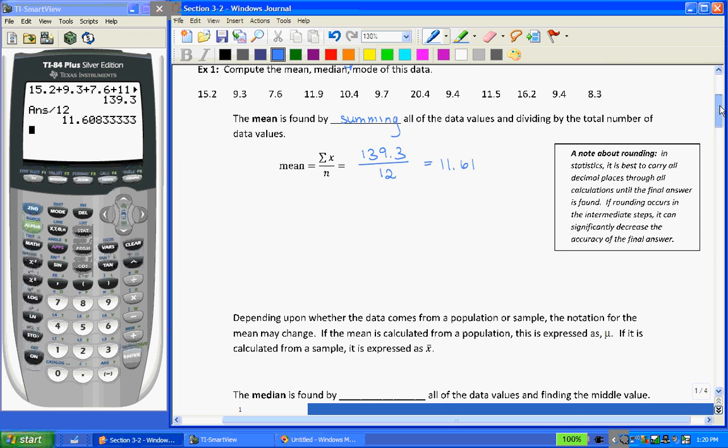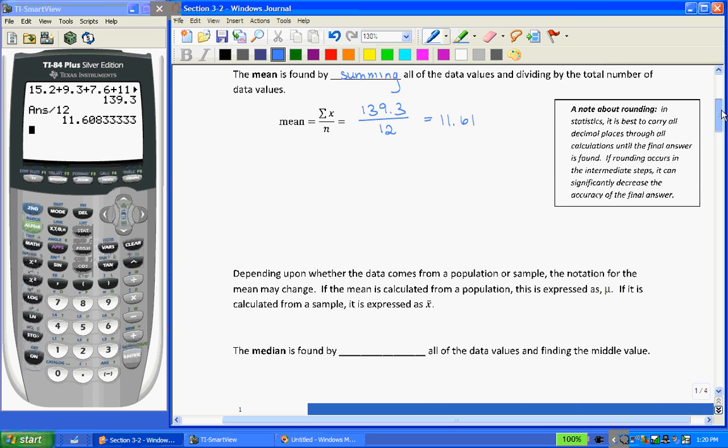Okay, next, before we get to the median, just wanted to mention something about notation when we're dealing with populations and samples. Depending whether the data comes from a population or sample, the notation for the mean can change. If the mean is calculated from a population, this is expressed as mu, this lowercase Greek letter, mu.